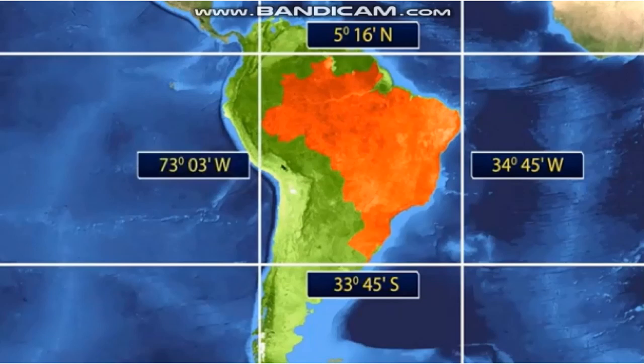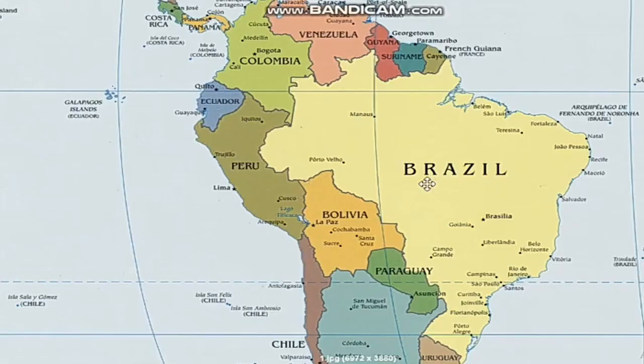So we count the longitudinal extent as 34 degrees 45 minutes west to 73 degrees 03 minutes west. Here we need to study and know where Brazil is.